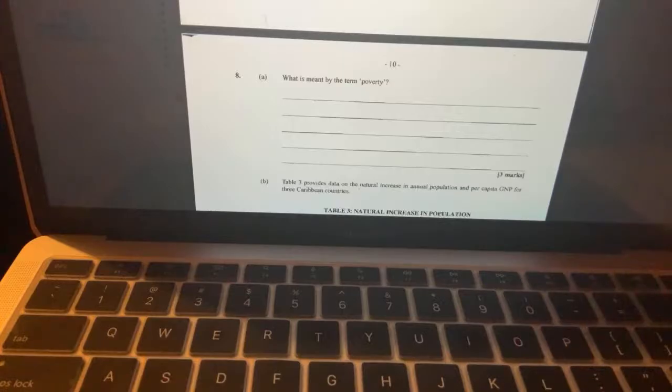So it's 3 marks: the inability of people to meet economic, social, and other standards of well-being. All right. Good job, Dom. Good job, Shori. The state of not being able to support oneself economically or financially. All right. Good job, Tavon. I love how you guys are tying in the three aspects there.